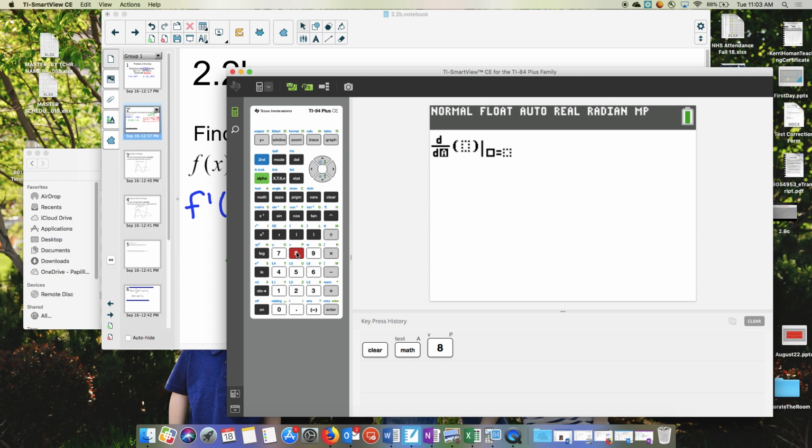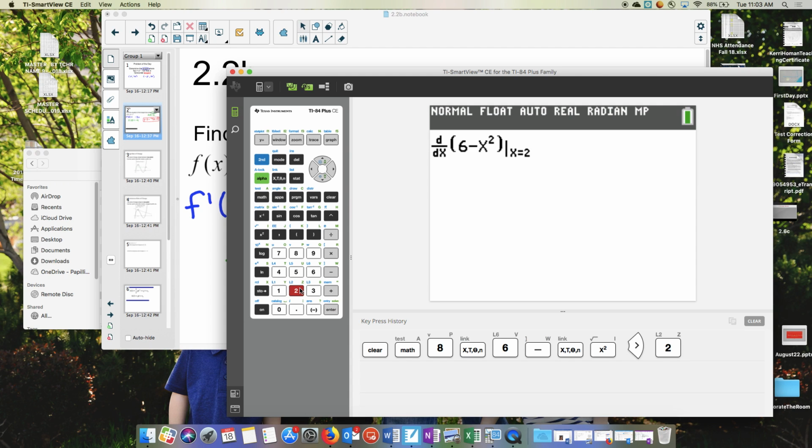For those of you who have my calculator up here, it should look like this. If you have an 83, it's going to open a parentheses. Okay? For those of you who have my calculator, we're going to put an x. So we have that d dx. We're going to put in our function 6 minus x squared. And then in this little box right here, you need to tell it where you want to evaluate it at.